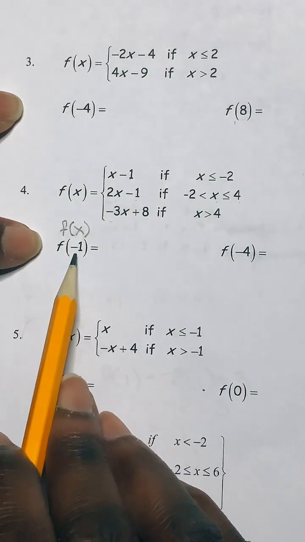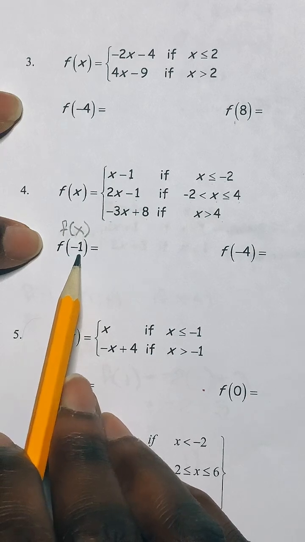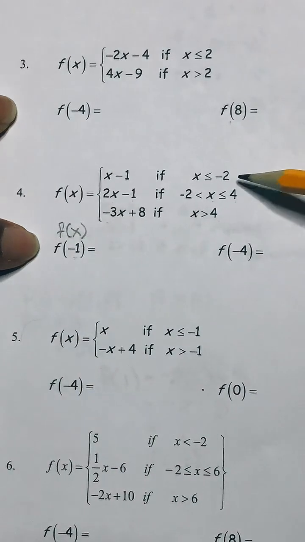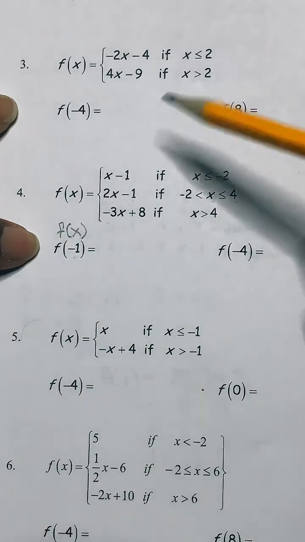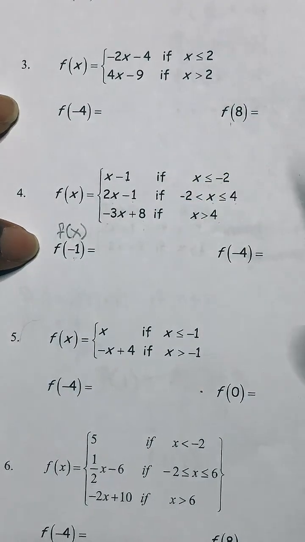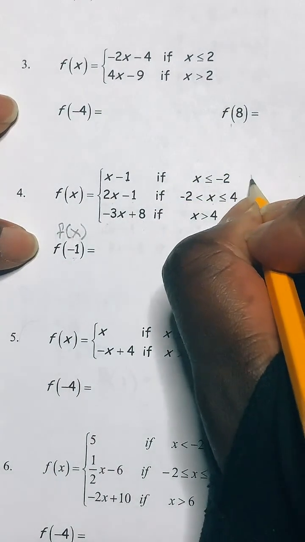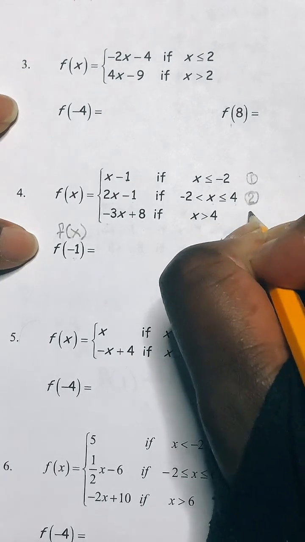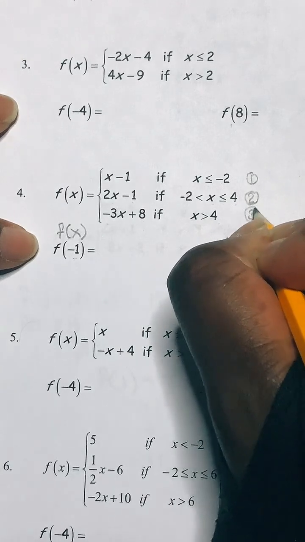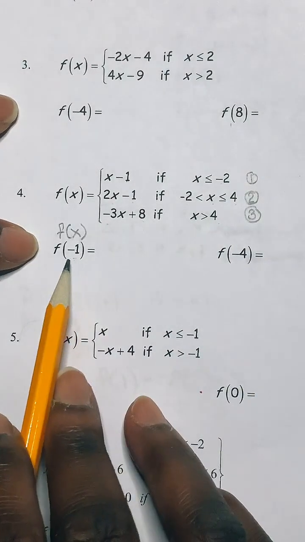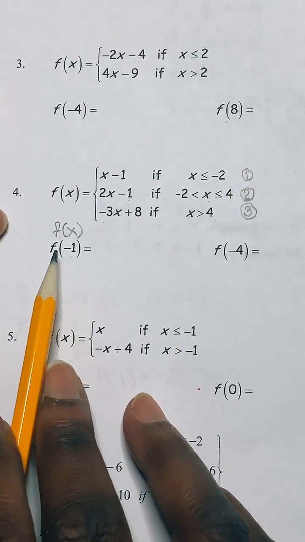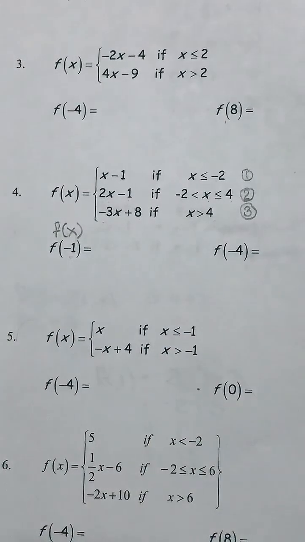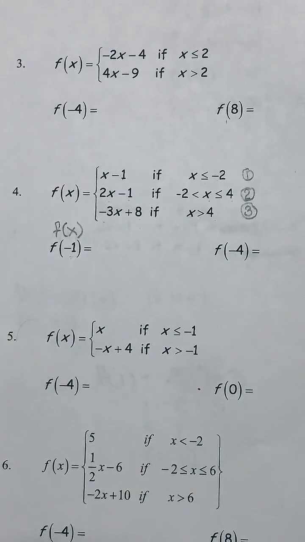The x value is always inside the parentheses. So now let me ask you, which key is going to open which door? Is it number 1, number 2, number 3? Okay, we're looking at negative 1. Which one is going to be the key that we're going to use?